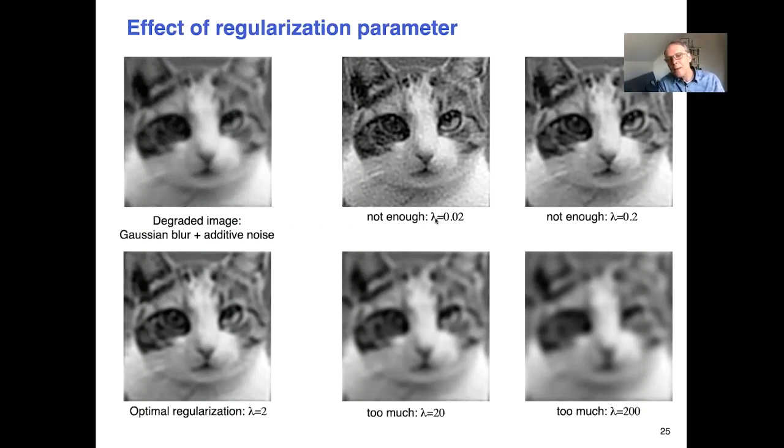And then it depends now on the regularization parameter. So if you don't regularize enough, you get like least square, lots of noise. If you regularize too much, you get something blurry. And so there's a kind of optimal setting here. Of course, this is not super good. It's sort of very classical approaches.